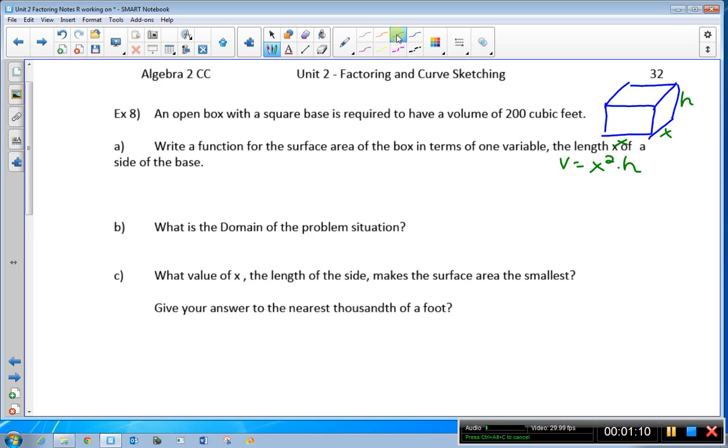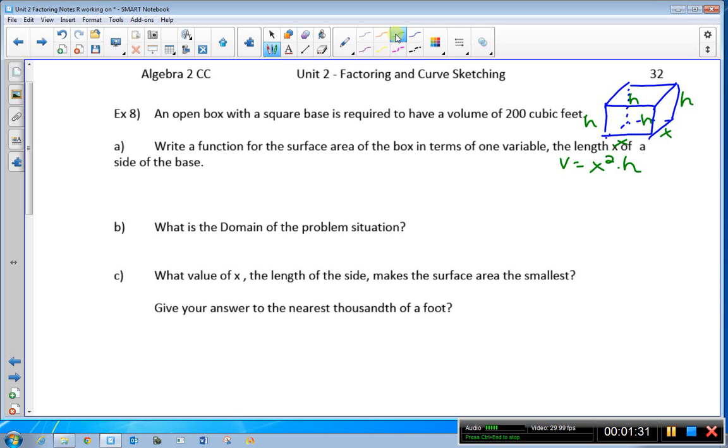And then, let me draw in also the rest of the box. There you go. So you should be able to see that there are other surfaces. This is also h. Back there, that dotted line is h.